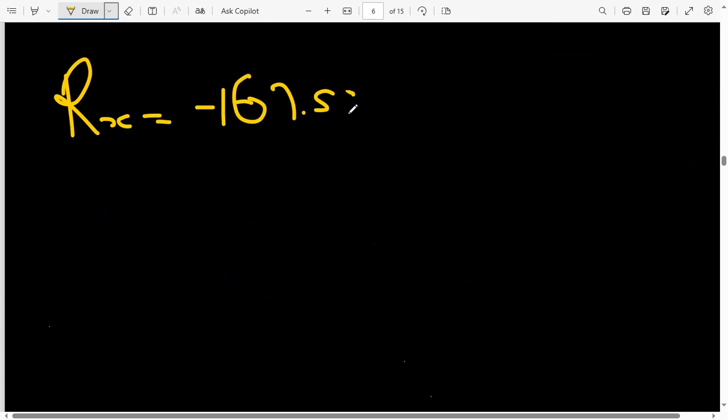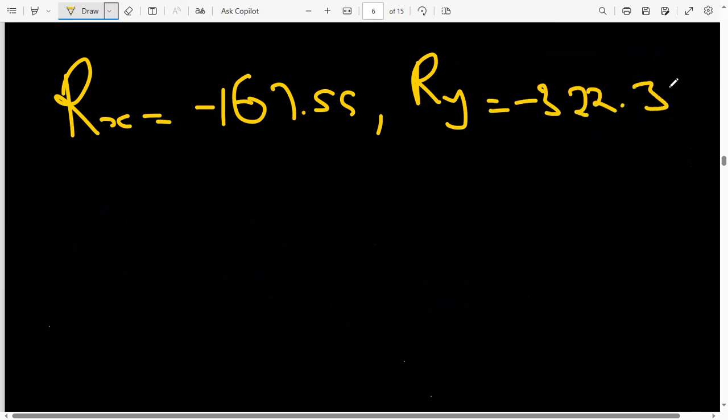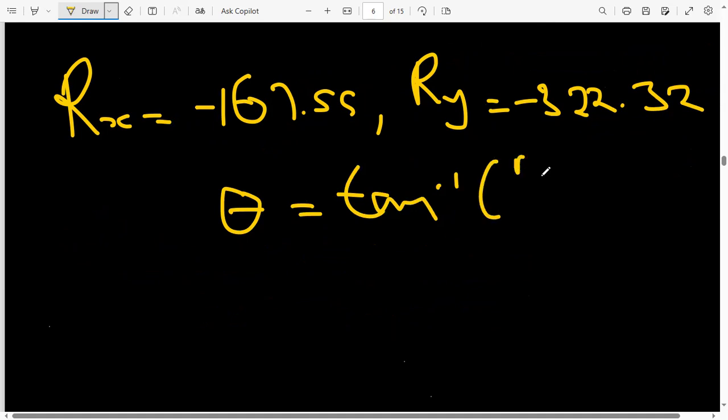Let me rewrite here my x component. My x component was minus 167.55, and my y component was minus 322.32. We said that our angle is always tan inverse of ry over rx.